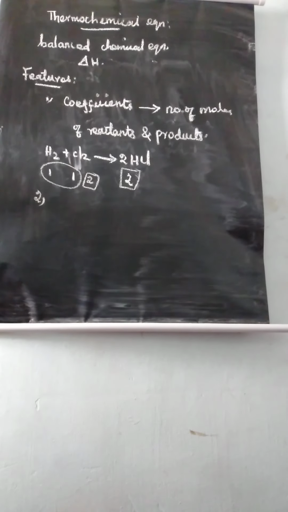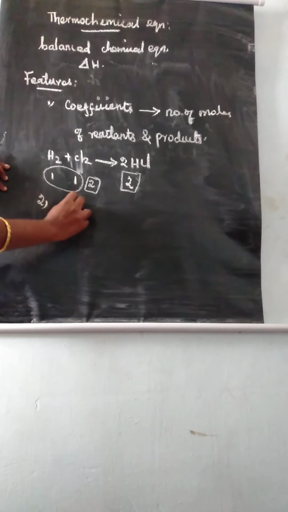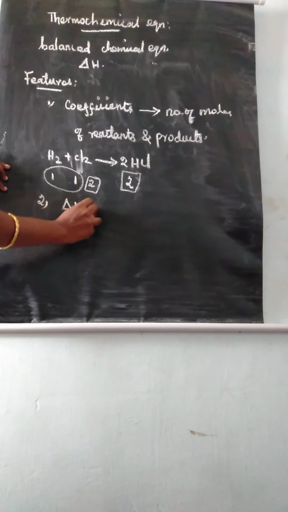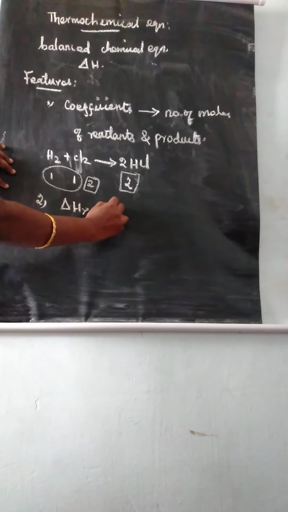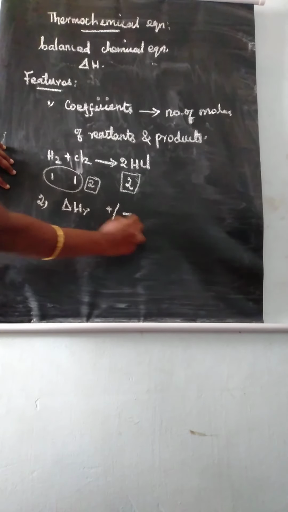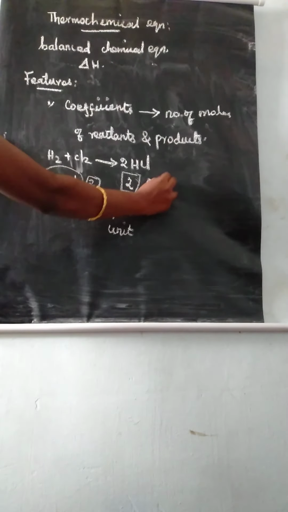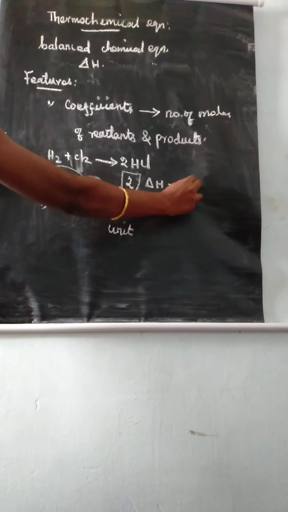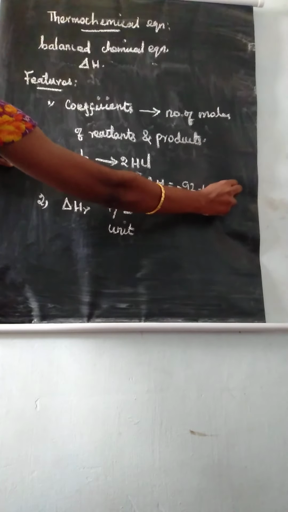Then listen, second point. The enthalpy change of a reaction has to be specified with the appropriate sign and unit. Suppose in this equation you know the delta H value. Delta H is equal to minus 92.4 kilojoule per mole.